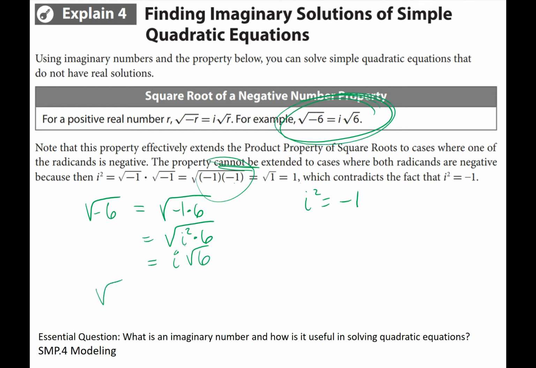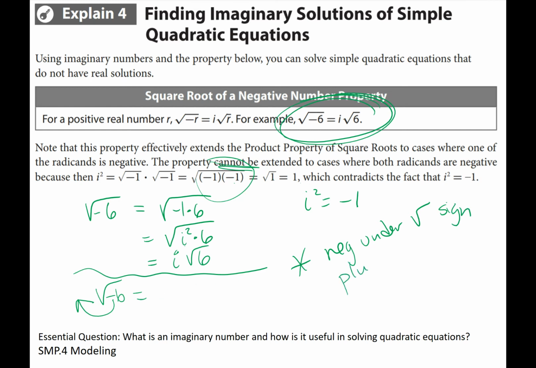All right, what they showed us here is a shortcut. So let me explain the shortcut with the same thing. Whenever I see a negative under the radical sign, I'm going to write that down, and you should too: negative under radical sign, pluck my eyes out.